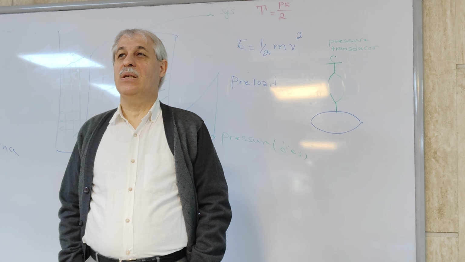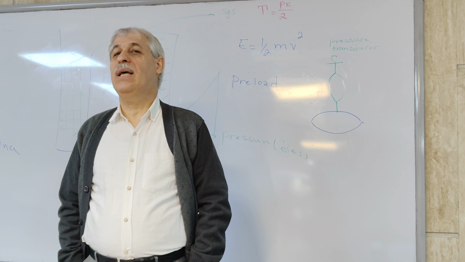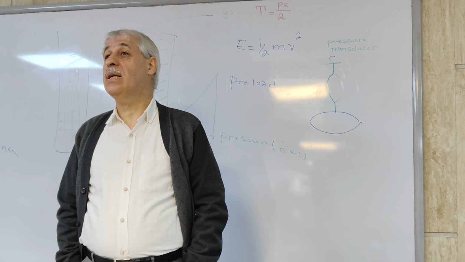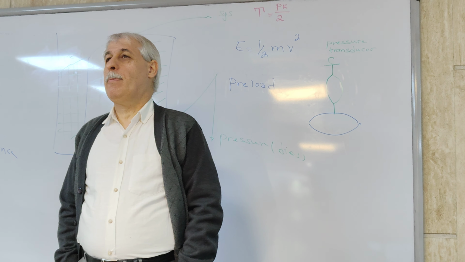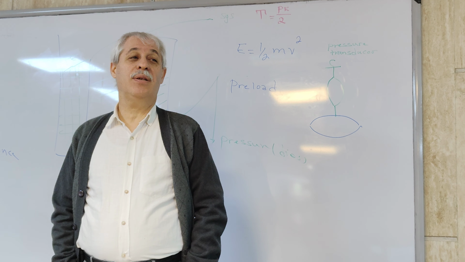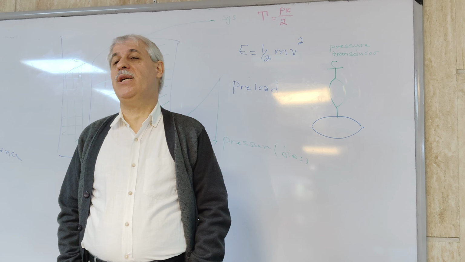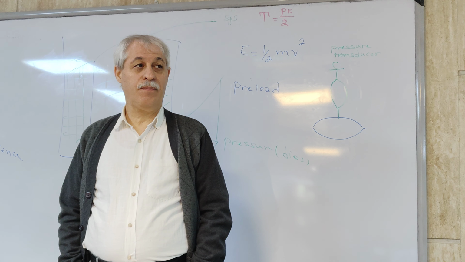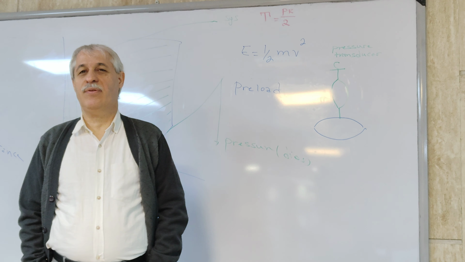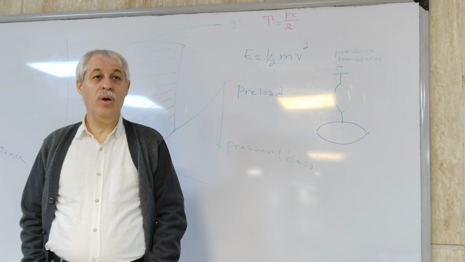Now listen to me. Suppose that the left ventricle wants to contract against a stenotic aortic valve or in a hypertensive patient. Suppose that a patient is suffering from aortic valve stenosis or hypertension.